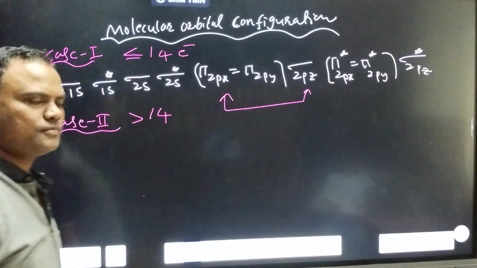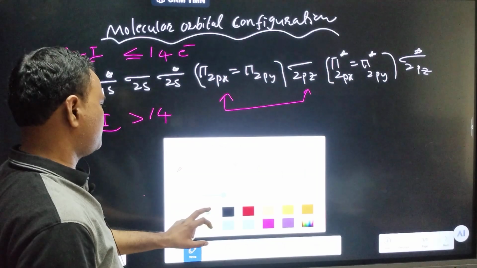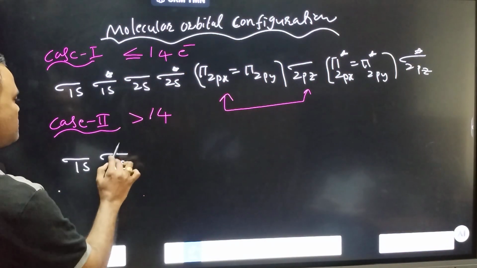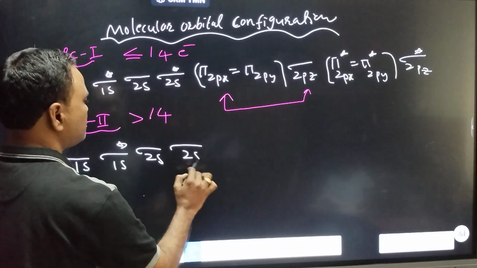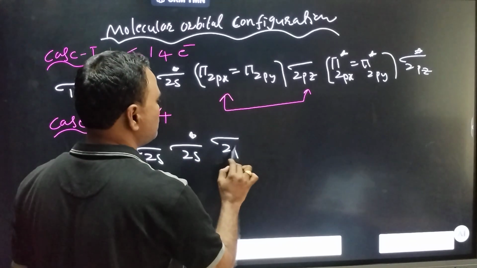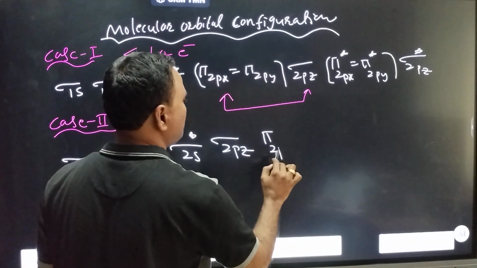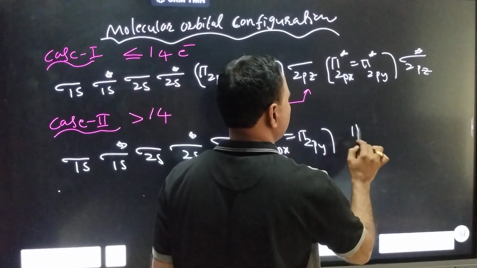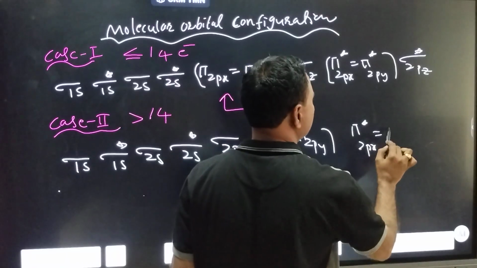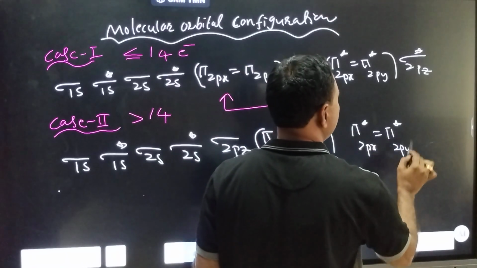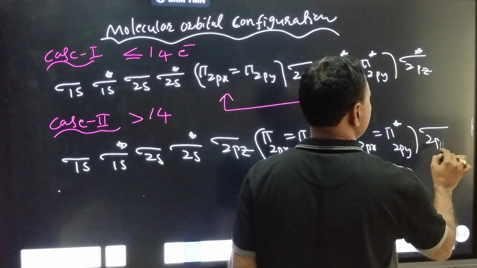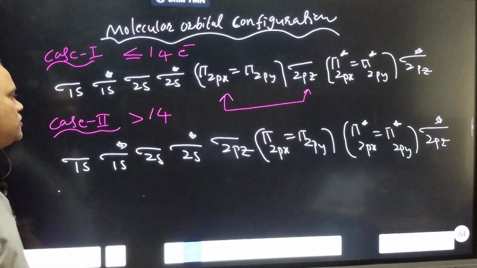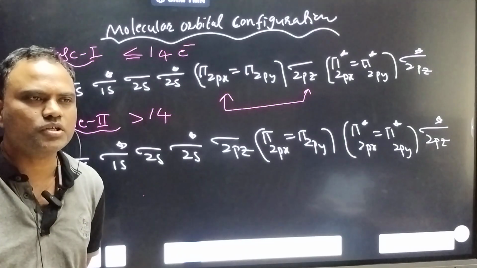Sigma 1s, sigma star 1s, sigma 2s, sigma star 2s, now sigma 2pz, pi 2px equal to pi 2py, pi star 2px equal to pi star 2py, sigma star 2pz. This is for above 14 electrons.